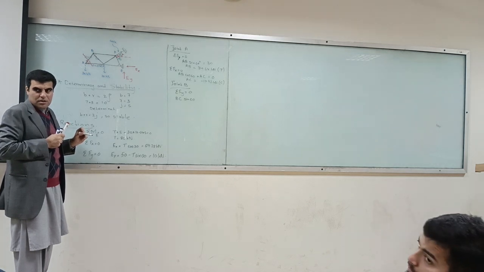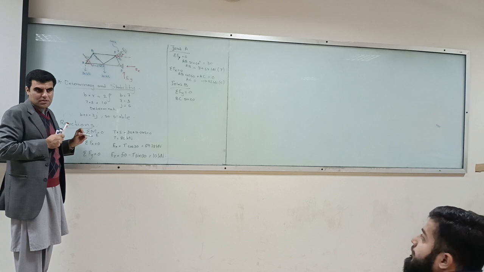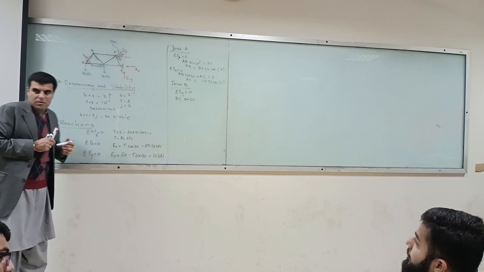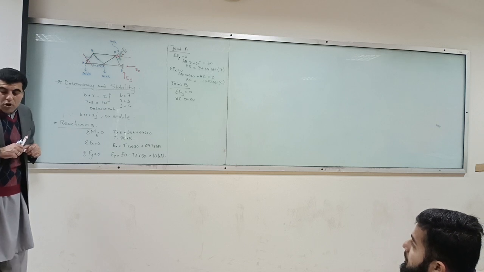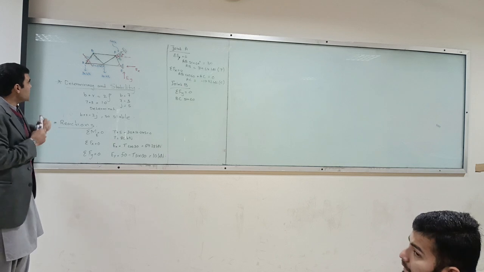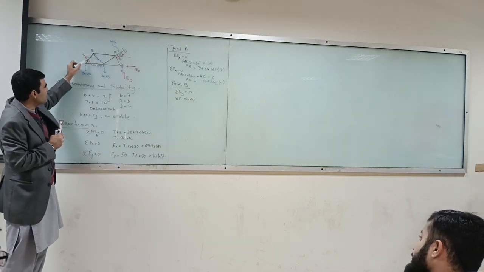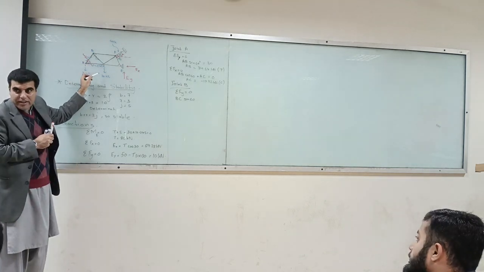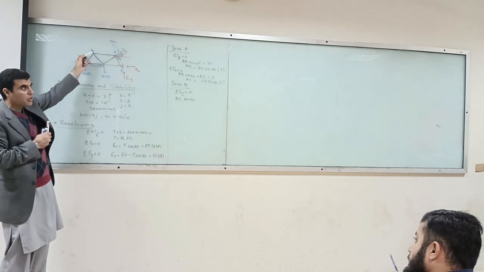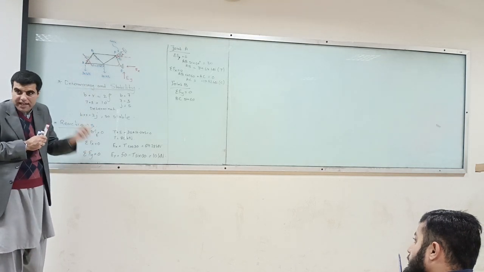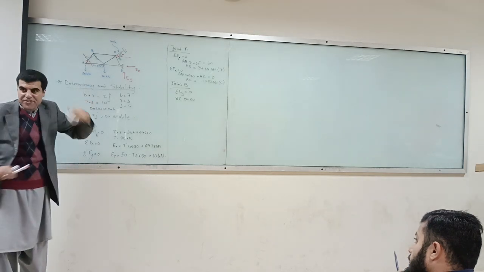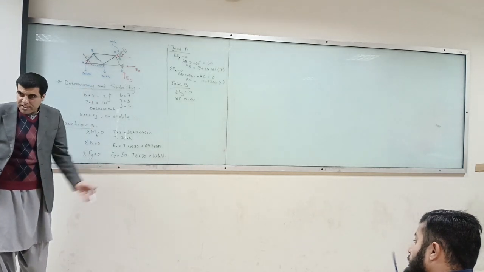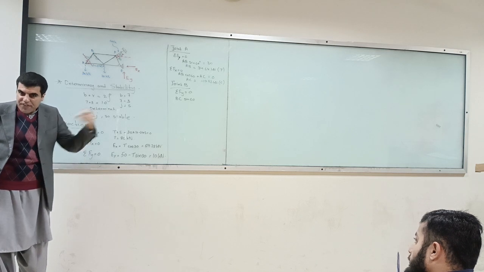The Y component is in the negative y direction, so we have considered it in tension. Take a minus sign with it. What do you mean, negative y direction? Sir, the Y component of BC is in the negative y direction. No, I'm saying that we haven't taken our coordinate system over here. We are not saying that this is positive y, this is negative. We are saying that BC you always consider as tension or compression. Positive is tension, negative is compression.